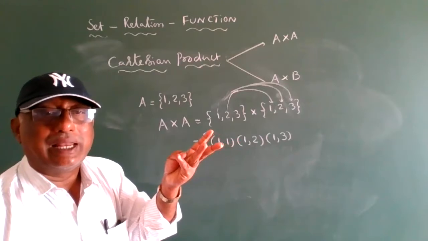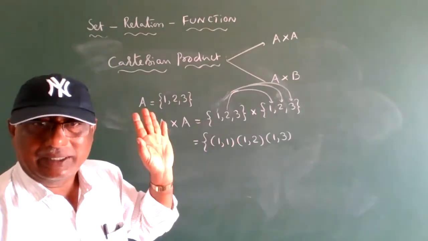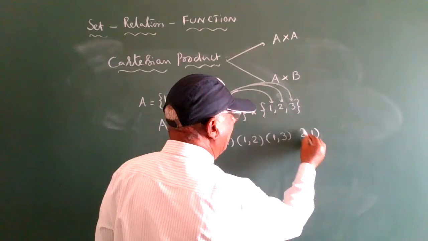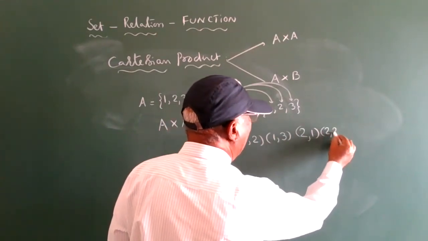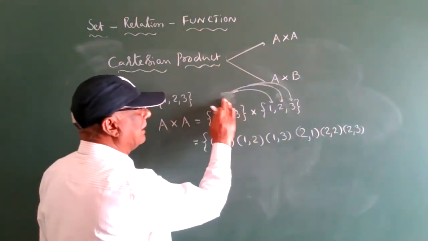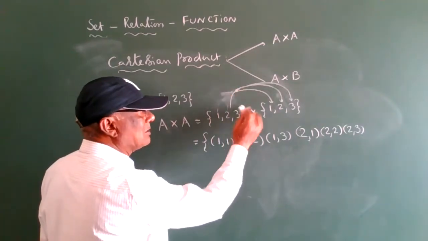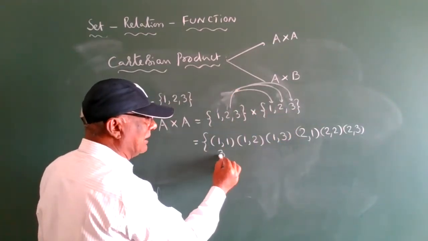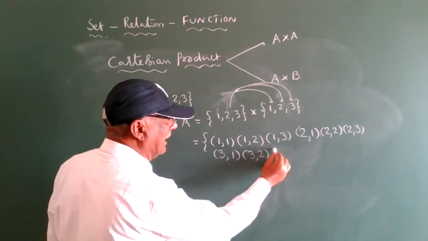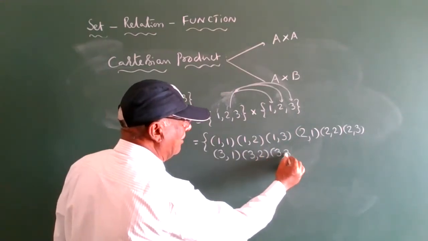Second set has 3 elements, therefore it is repeated 3 times. Therefore (2, 1), (2, 2) and (2, 3). Next, the third element is also repeated 3 times: (3, 1), (3, 2) and (3, 3).